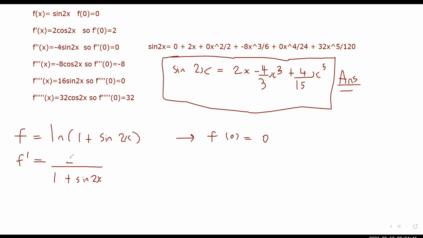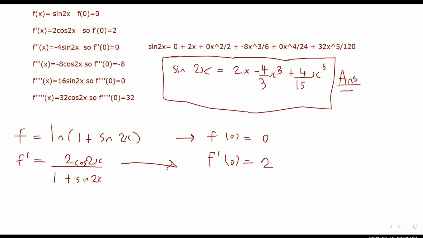So in the numerator we have 2 cos 2x. And so when we plug in 0, f prime of 0 would be equal to 2 over 1 plus the sine of 0, which is 0, so we end up with just 2.